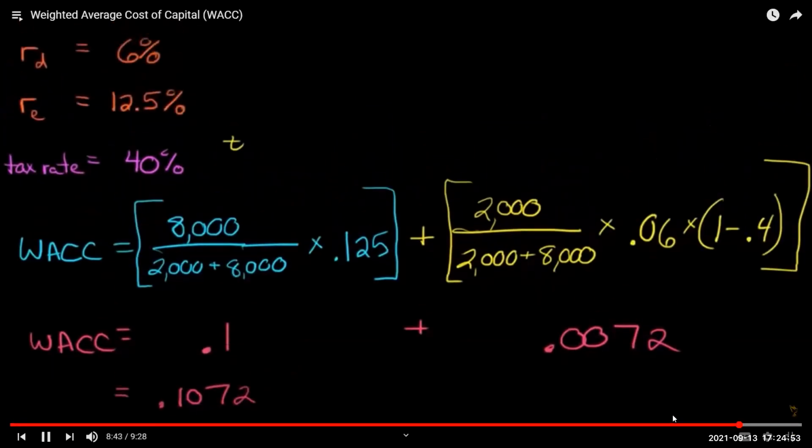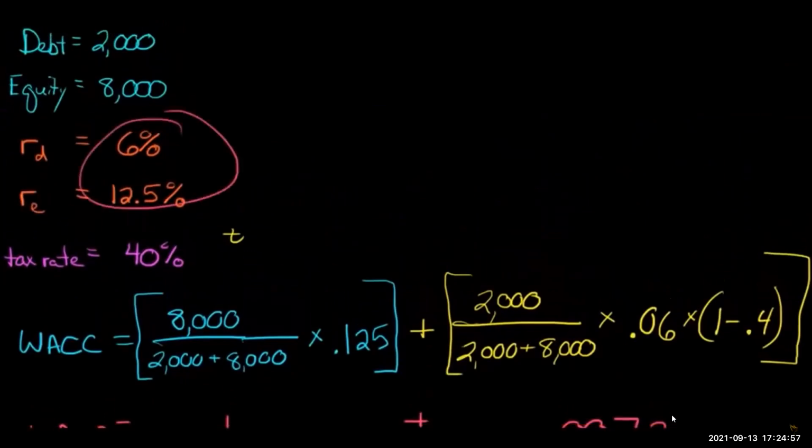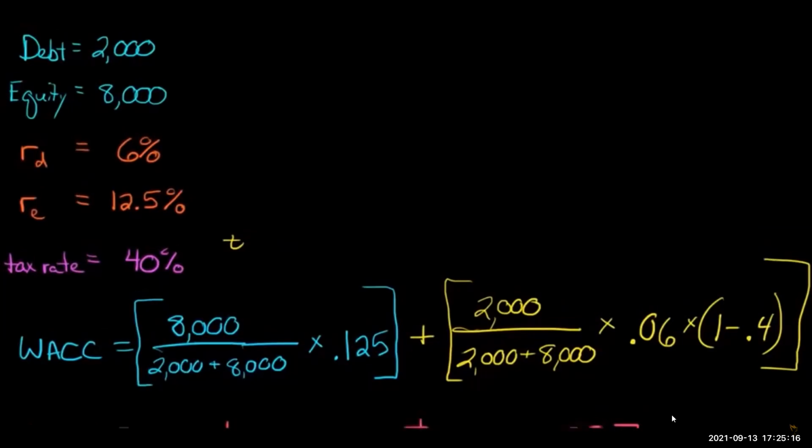Now let's go back here for a minute. If you add up 6% and 12.5% and divide by 2 to get the cost of capital, what you're getting is the average cost of capital, because you're just taking two different costs, the debt cost and the equity cost, and averaging them.